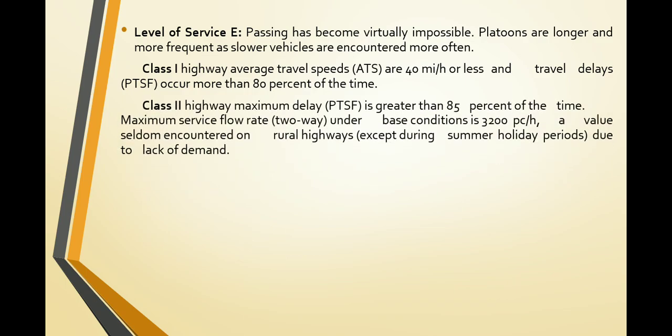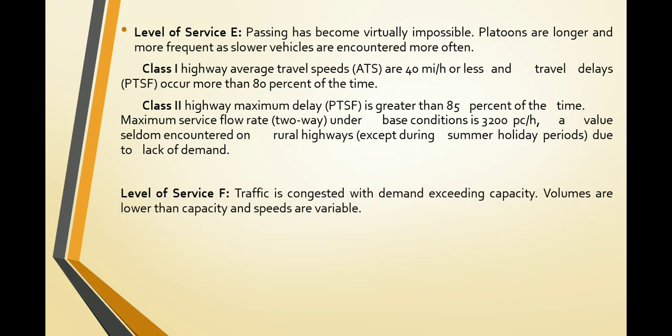Class 2, the maximum delay is greater than 85% of the time, and the service flow rate is 3,200 PC per hour. Level of service F. Traffic is congested with demand exceeding capacity. Volumes are lower than capacity and speeds are variable.